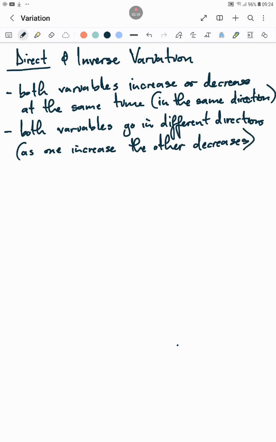The other thing that we're going to look at under variation is the sign of variation. They can represent it, or they can say it's a sign of proportionality, or sign of variation.